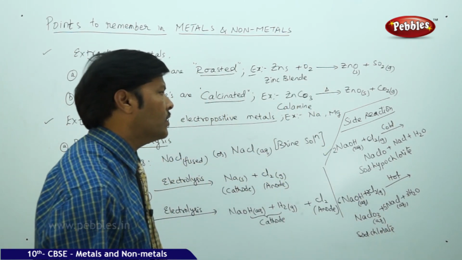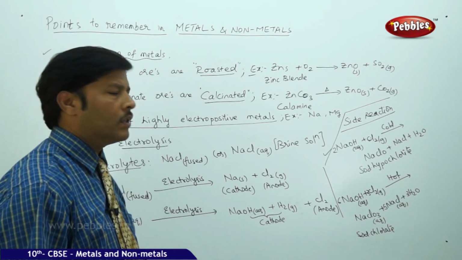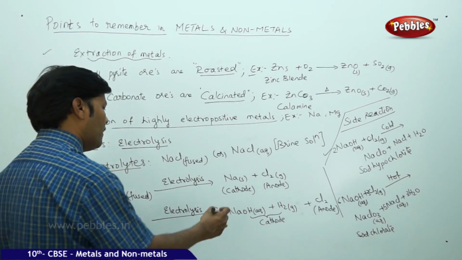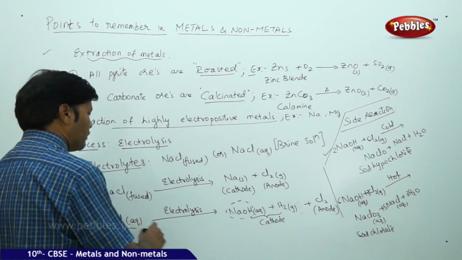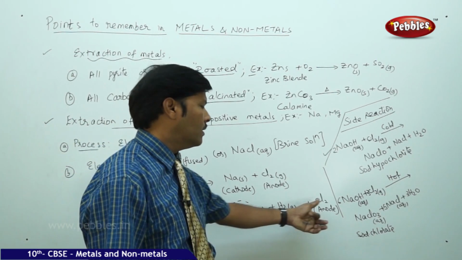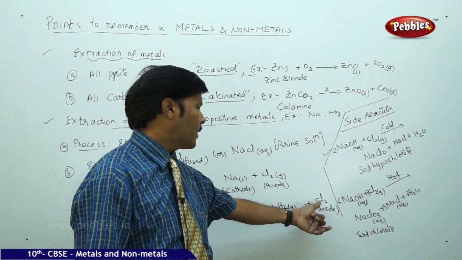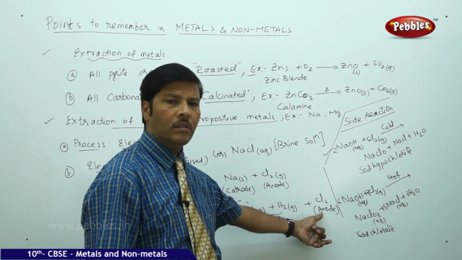So under 2 different conditions, the sodium hydroxide which is obtained at the cathode during the electrolysis of aqueous brine has a chance to come in contact with the chlorine gas.